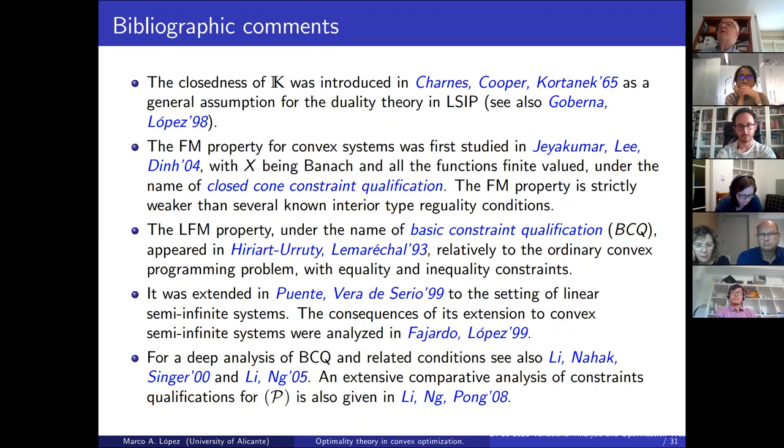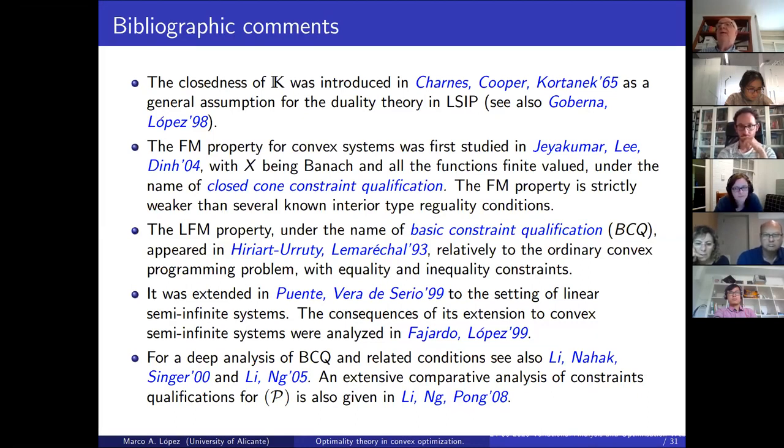The local Farkas-Minkowski property, related to the basic constraint qualifications, was introduced by Puente and Vera de Serio. They applied it to papers in economy, dealing with linear economy, and it was applied to convex semi-infinite programming in one paper with Marilo Fajardo in '99, in which we obtained different consequences.